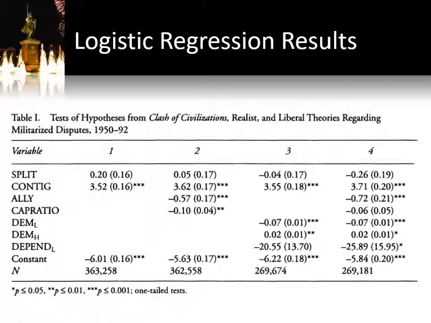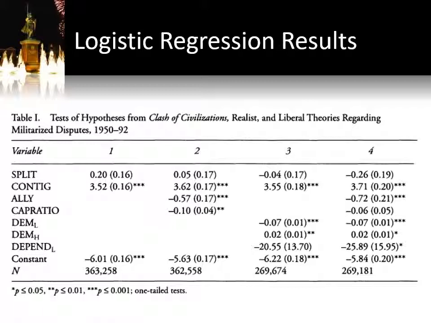Moving into the next column, column 3, we've got the liberal model. We've still got split and contiguity in there, since they're in every model. And we are now looking at the effect of democracy and dependence. We see that democracy does have a negative impact.